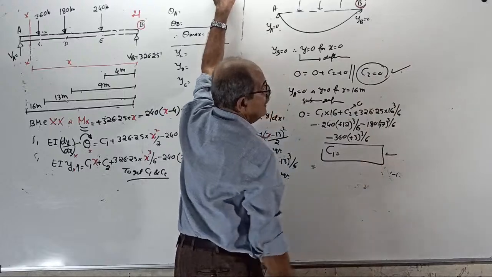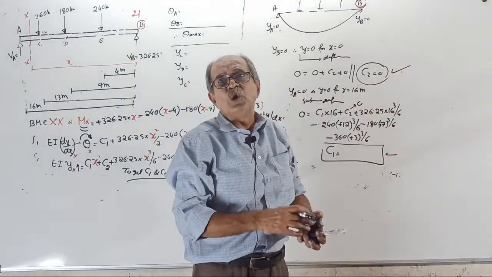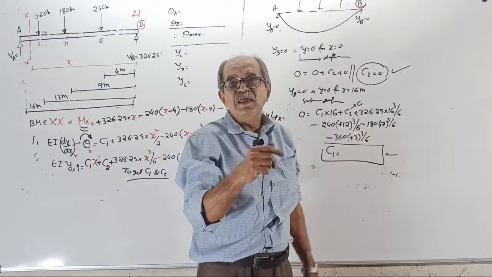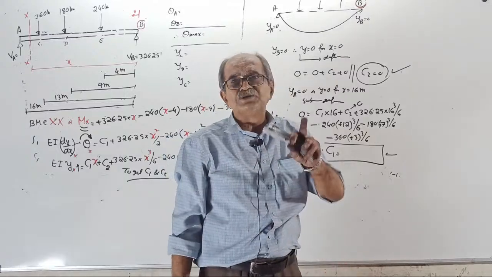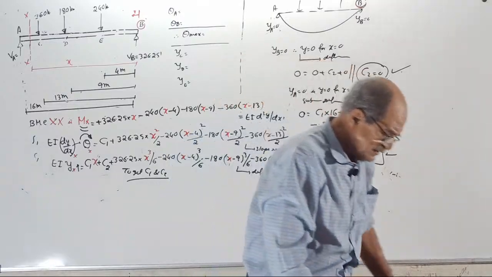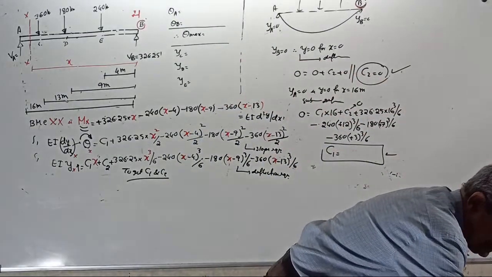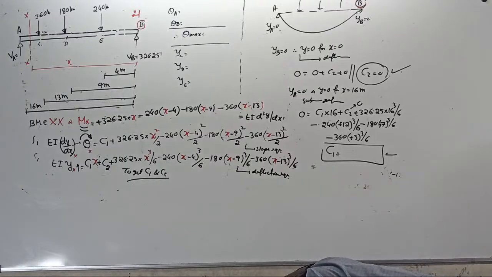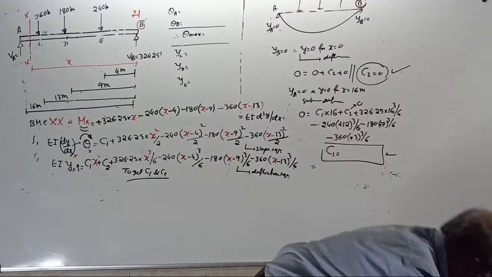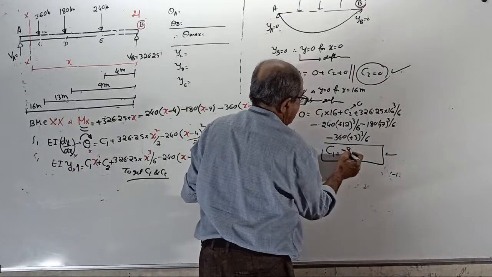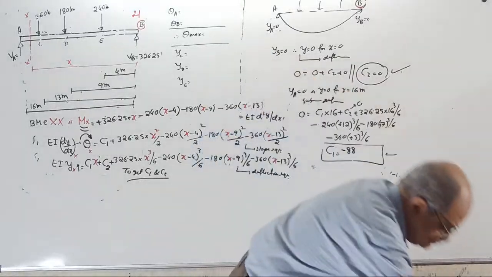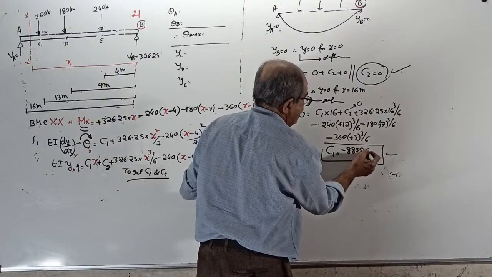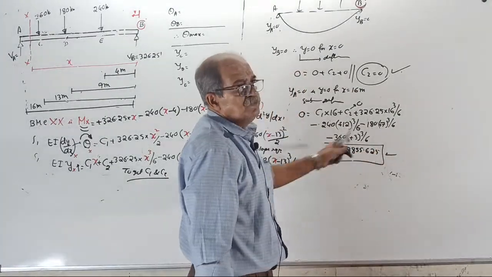You get C1. Tell me, how much slope at B did you get last time? Yesterday's class, I told the answer. 8855.625, minus 8855.625. Yes, that should be C1 today.